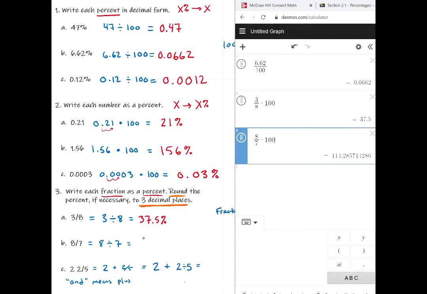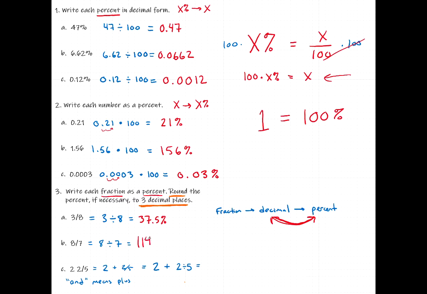Over here we have, if you could see my cursor, 0.285, and that cursor is separating the first 3 decimal places from the next one. Since that first place we're not keeping is a 7, that means we have to round that 5 up to a 6. So 114.286%.